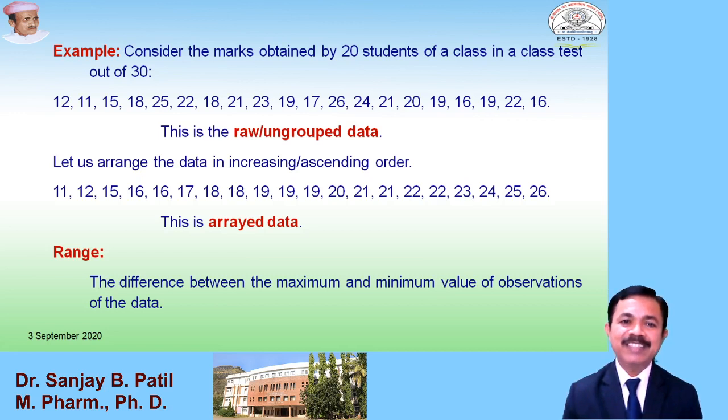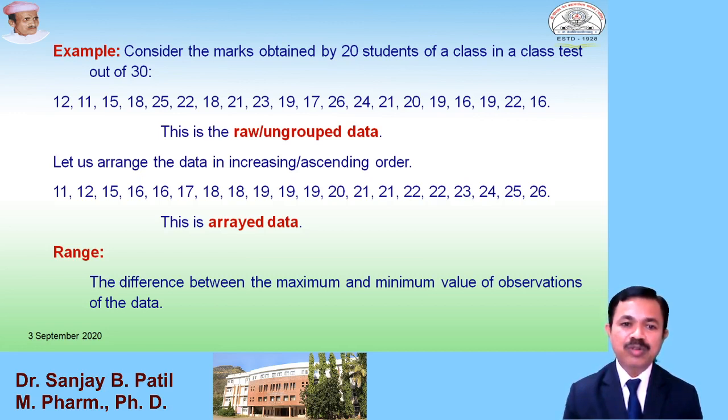Let us arrange the data in its ascending order or increasing order. Then we have 11, 12, 15, 16, 16, 17, 18, 18, 19, 19, 19, 20, and so on. So such type of the data is known as arrayed data.